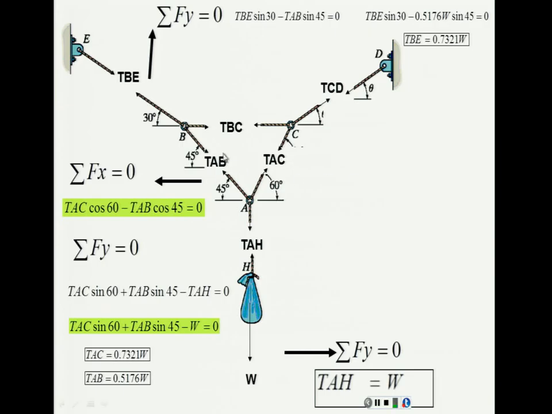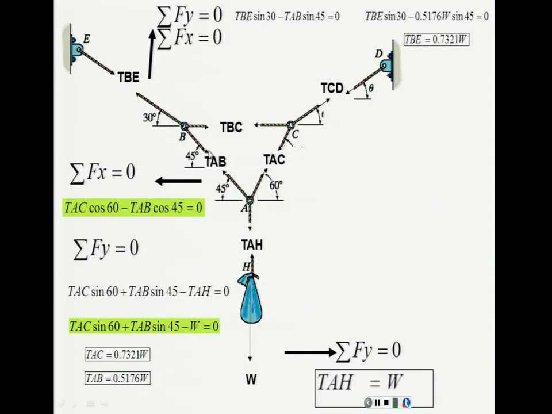And now we can establish summation of forces in the x direction, in this direction. If I do that, this component for TBE is going to be TBE cosine 30, and remember it's pointing to the left. So then it's going to be negative TBE cosine 30, plus TBC, this is acting in the x direction, plus the x component of TAB.